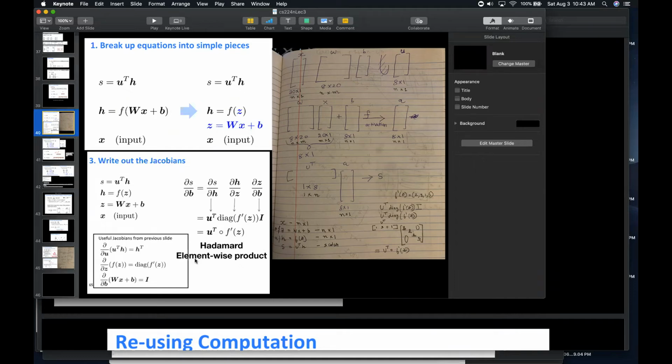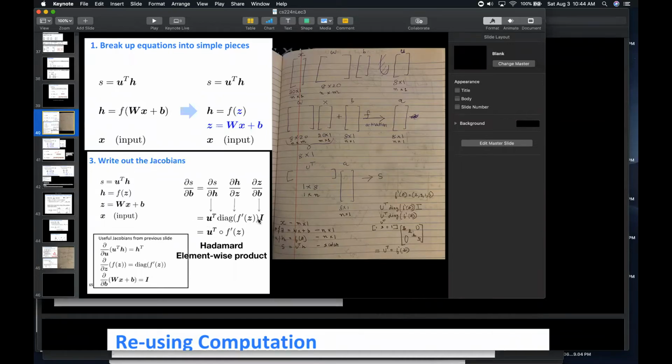This preserves the size, since you're doing an element-wise product. Looking at this example again, I've written down the 8 cross 20 gets multiplied to 20 cross 1. You add in the bias, you get your activations, and finally you get this u transpose A, which gives you this single vector.